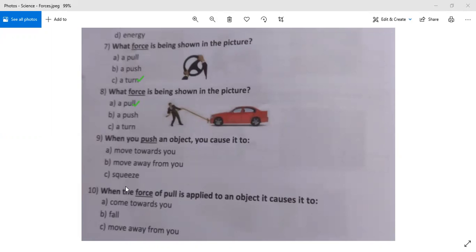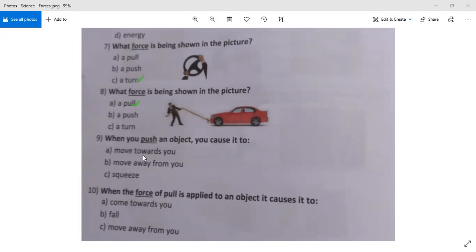Number 9. When you push an object, you cause it to what? Read it again now. When you push an object, you cause it to. Here are 3 answers. Move towards you, move away from you, squeeze. Let's read those answers.